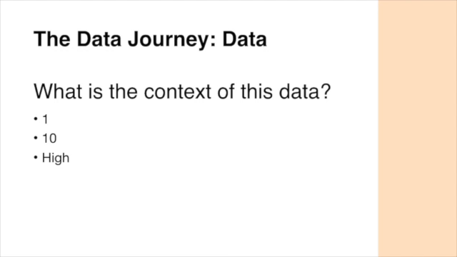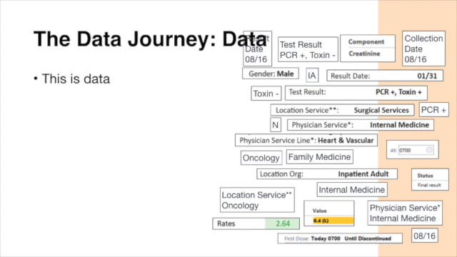Whereas earlier we could not tell what 1, 10, and high meant, now we know that these are data points that resulted in burnt popcorn smell that has filled the office. Yuck. This is data. Data is raw.